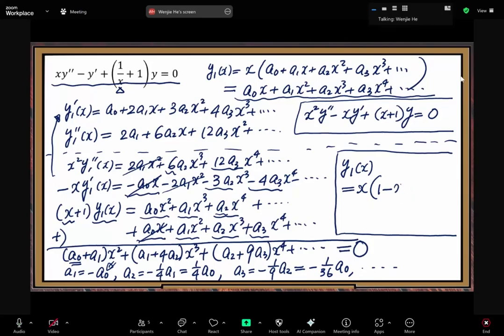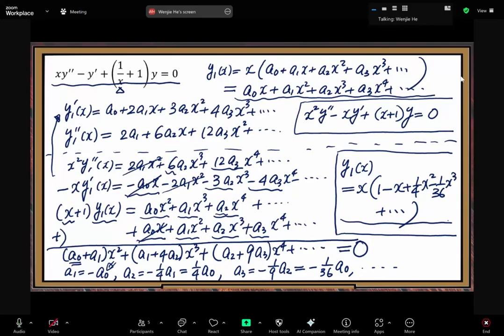So minus x plus 1/4 x squared minus 1/36 x cubed plus. That's A1. Okay? So we need to use this expression when we find y2. So now we complete the y1 part. Next, the y2 part.